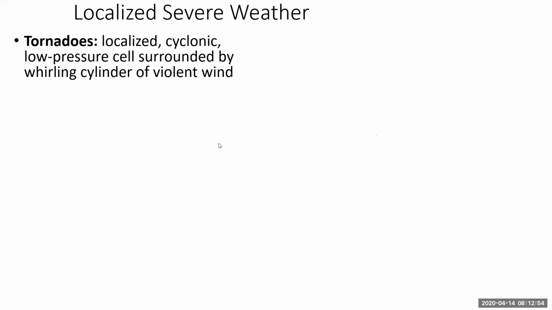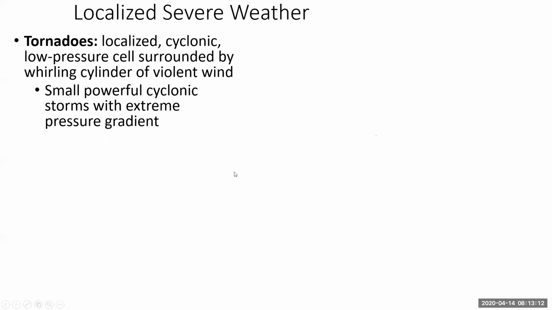But anyway, so a tornado is basically, as you can see on the slide there, a localized cyclonic, remember, low pressure system that is surrounded by a whirling cylinder of violent wind. And so they're very violent. They're really small and extremely localized, meaning again that they're not happening in a big area.